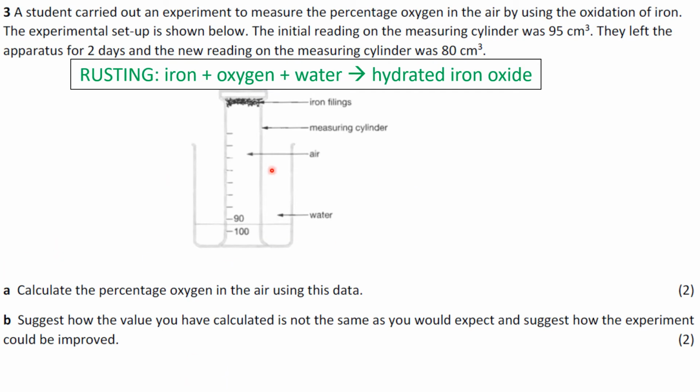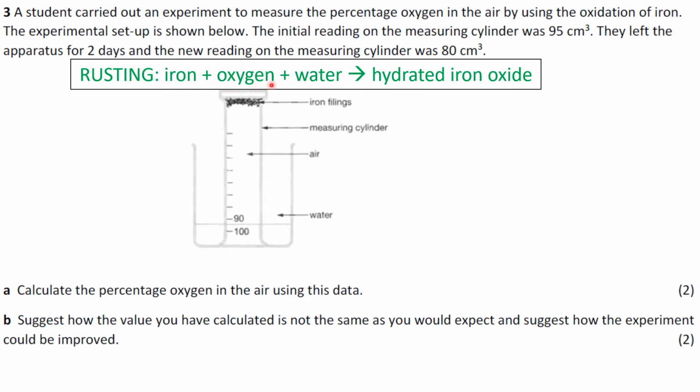So a student used this experiment to calculate the amount of oxygen in air. He used an inverted measuring cylinder, filled it up with air, and put damp iron filings at the top here, and left it for 2 days for this reaction, the rusting reaction, to happen.